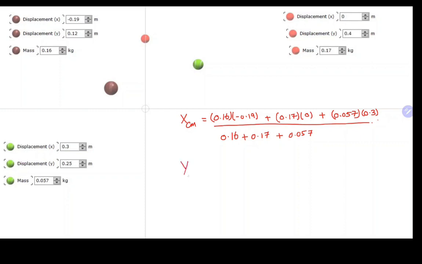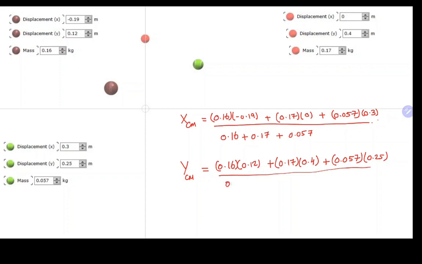Now y center of mass, in this case, again it's 0.16 times the y position, 0.12 meter, plus, for the second one, 0.17 times the y position, 0.4, plus, for this one, 0.057 times 0.25 meters, divided by the total mass, 0.16 plus 0.17 plus 0.057.